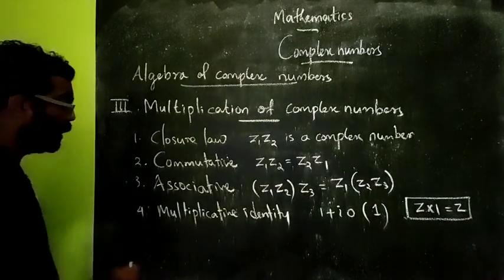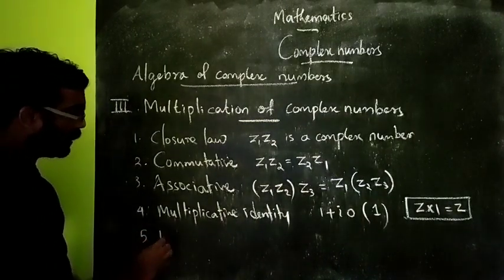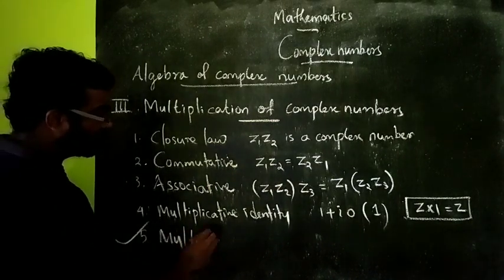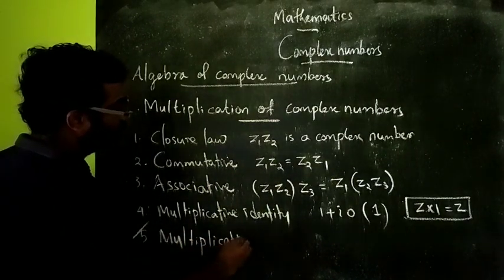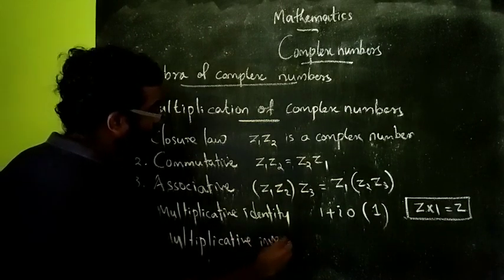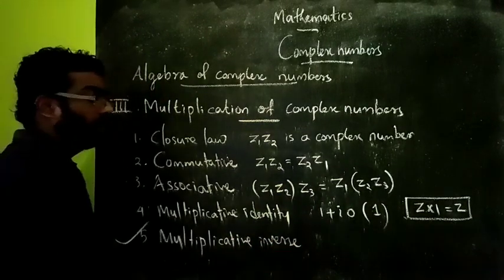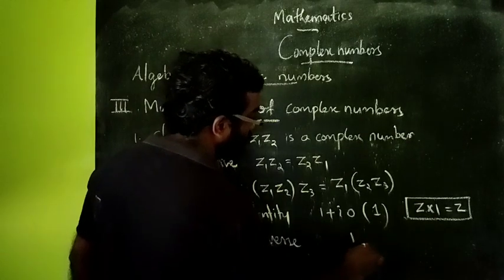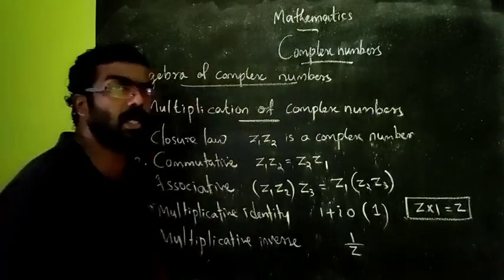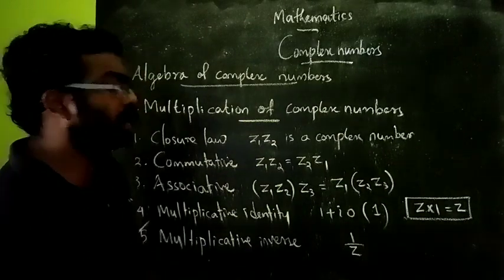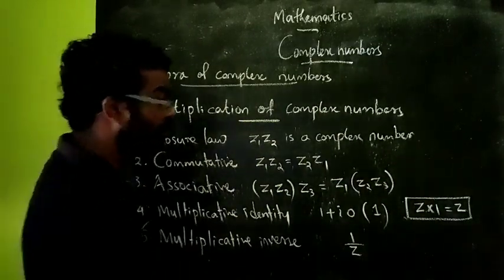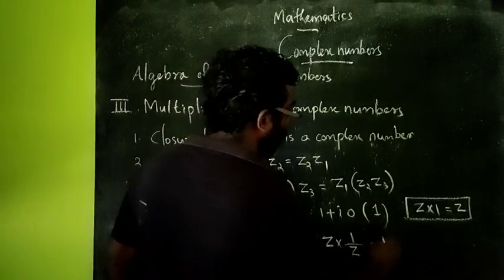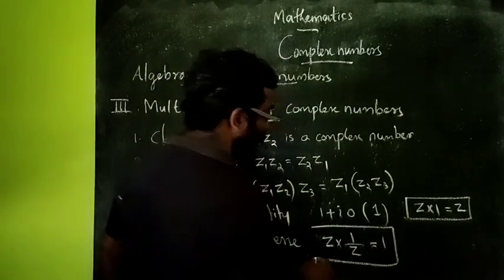Clear? And the fifth one is multiplicative inverse. It's very important. If Z is a complex number, then 1 by Z is known as the multiplicative inverse of Z, because Z into 1 by Z will be equal to the multiplicative identity 1.